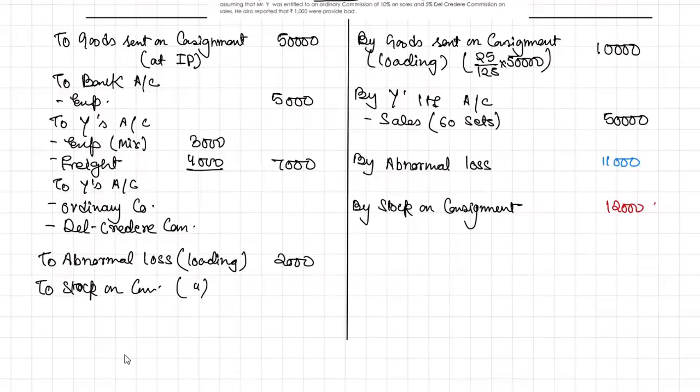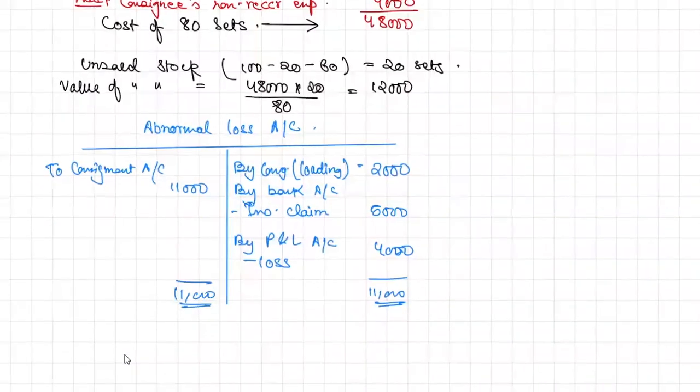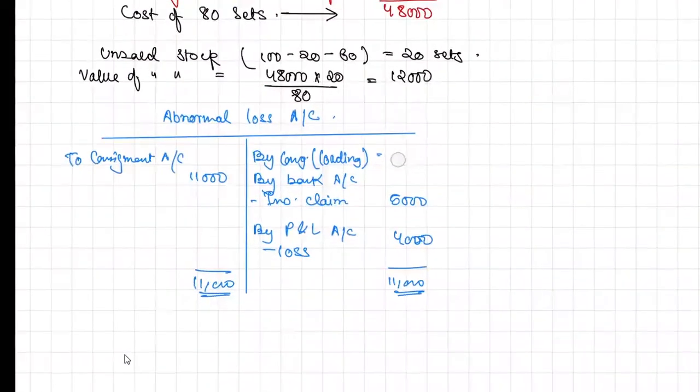Invoice price is 11,000. It will be 100 into 11,000. It will be 8,800. Okay. So, sorry, there has been a mistake. This will be 2,200. Okay. 2,200.